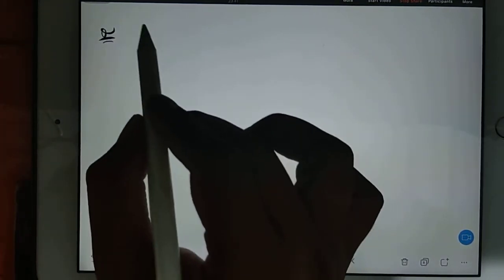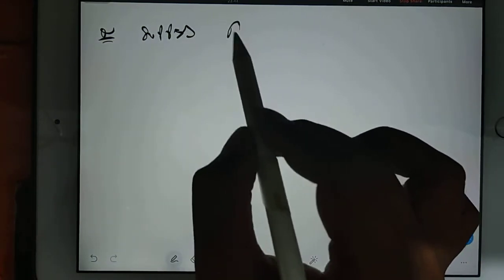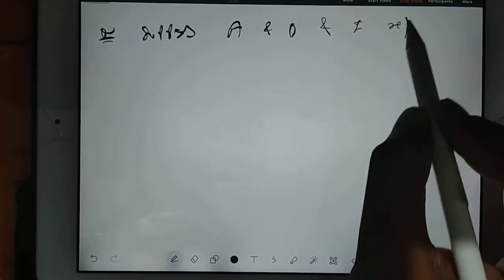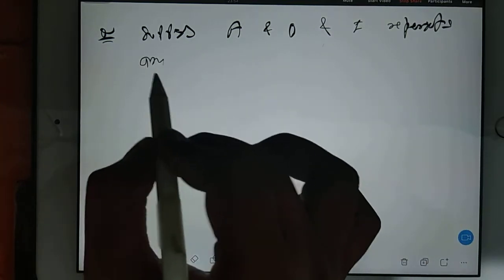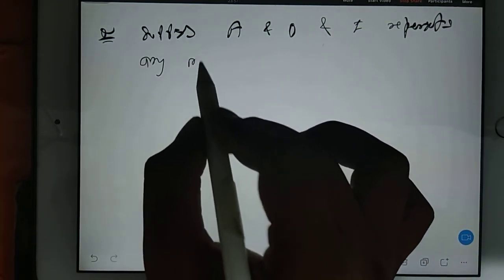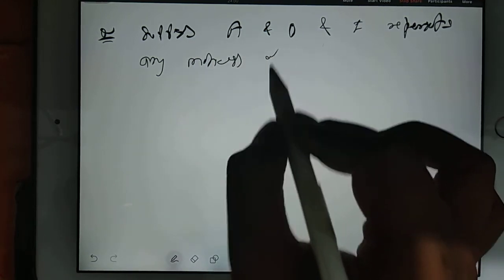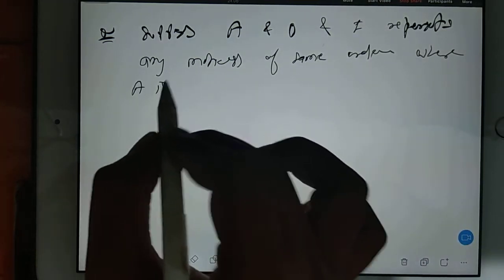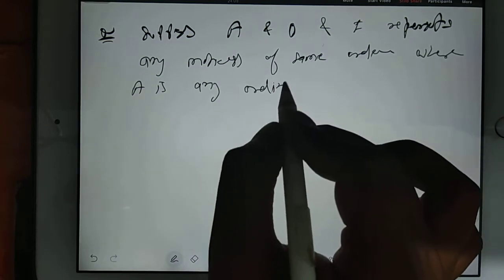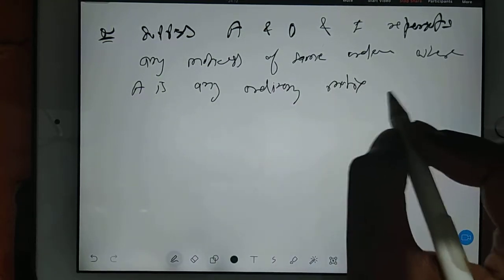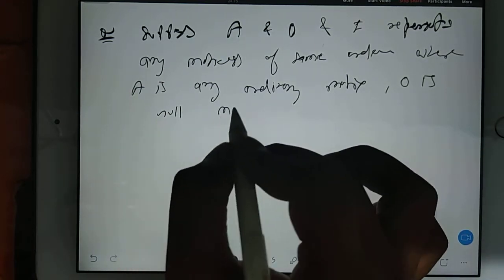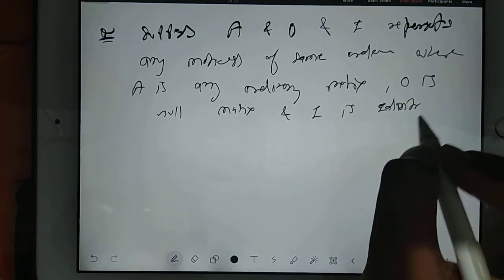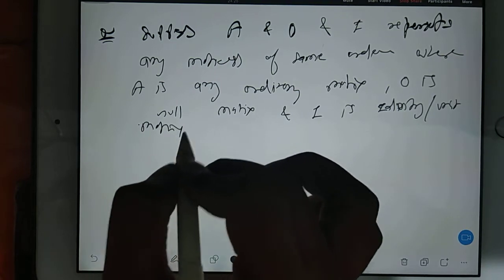Question. Suppose A, O and I represent matrices of the same order, where A is any ordinary matrix, O is the null matrix, and I is the identity or unit matrix.